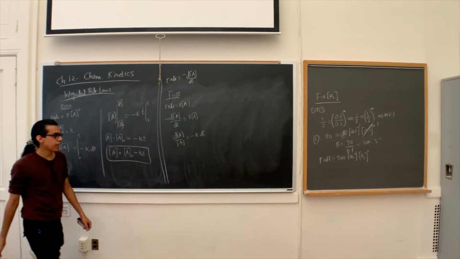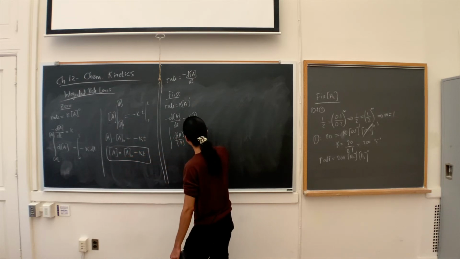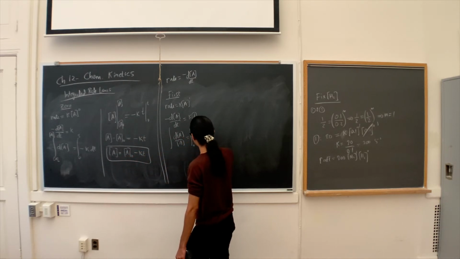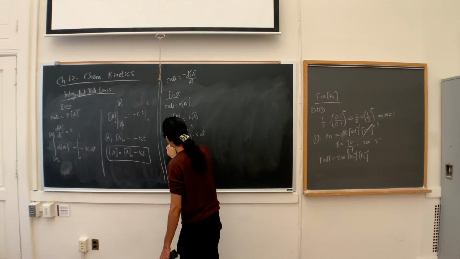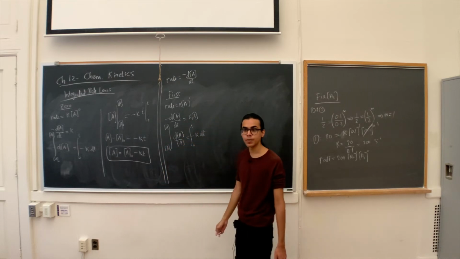Okay, now we integrate. Remember, time goes from 0 when the clock starts to some time t. At time equals 0, concentration is A naught. At some other time, it's A. Good?